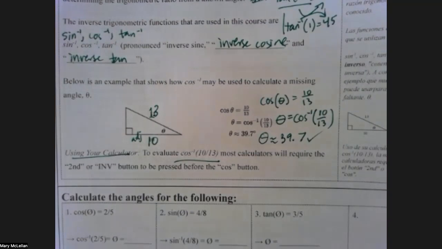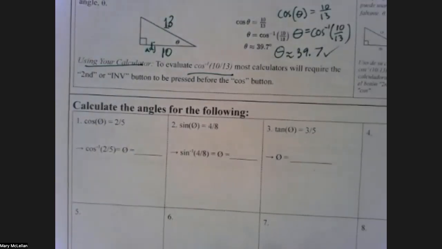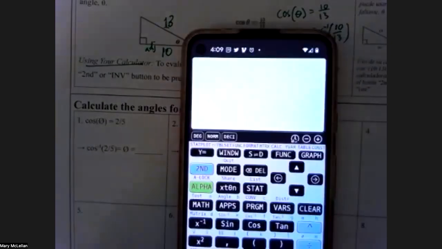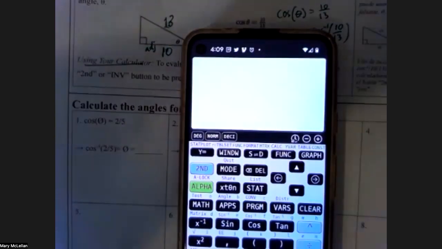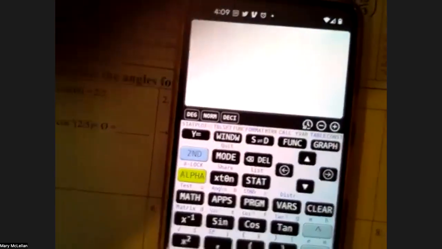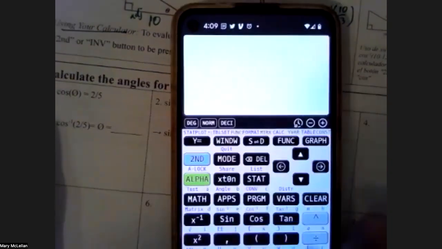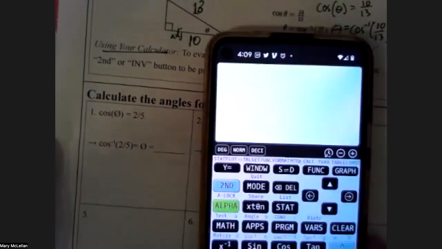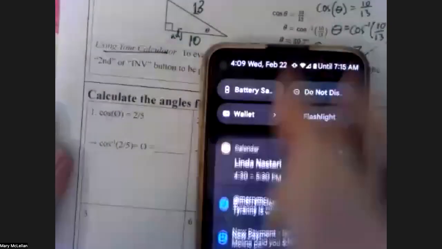Okay, then we have a little bit of practice. Straight practice calculating cosine. The cosine of the angle is 2 over 5. Therefore, the angle must be, well, I'm going to use inverse cosine, and I should zoom in a bunch for you. Hope you can see this. Okay, cosine of the angle is 2/5. Let me turn down this brightness.